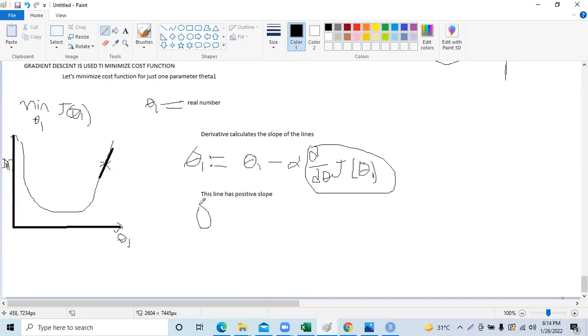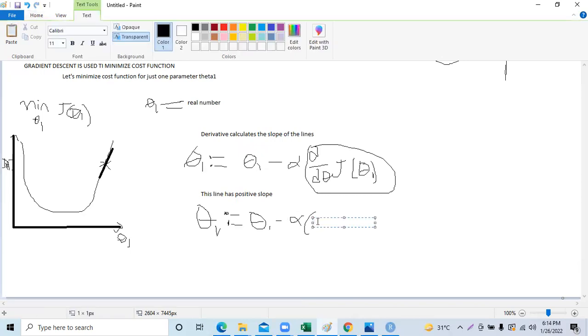So therefore, theta 1 will be updated to theta 1 minus alpha, which is a number, times a positive number. What does this mean?